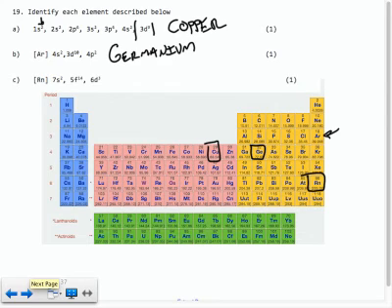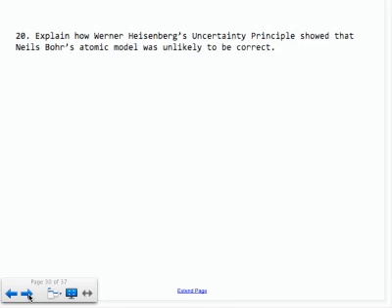Radon is 86, plus 2 is 88, plus 14 is 102, plus 3 is 105. Element number 105 is dubnium, DJ's favorite element.